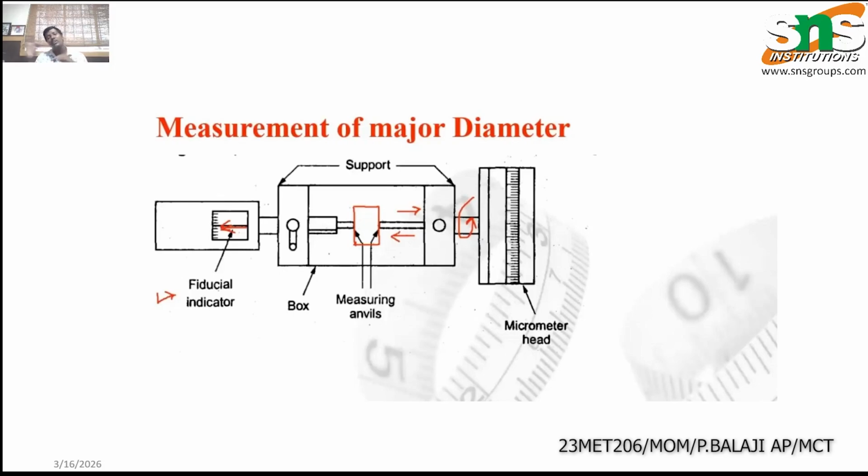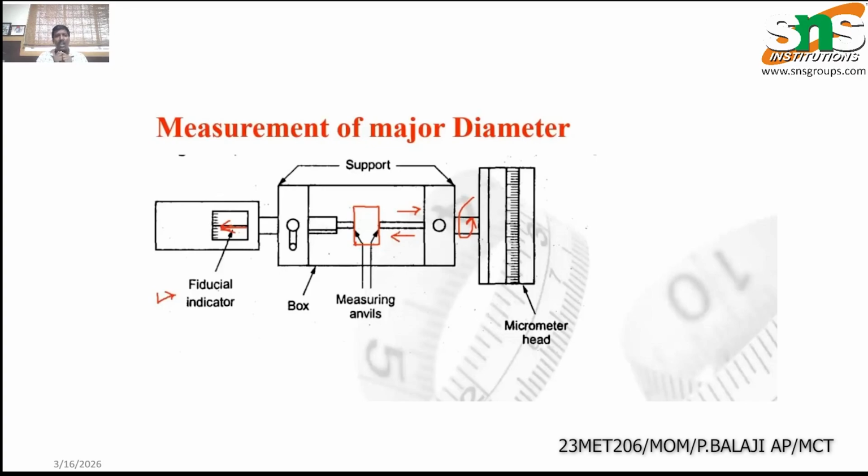Before checking the minor and pitch diameter, that means the effective diameter, let us see how we can measure the major diameter. You can see on the screen, we have to fix our thread between the measuring anvils.